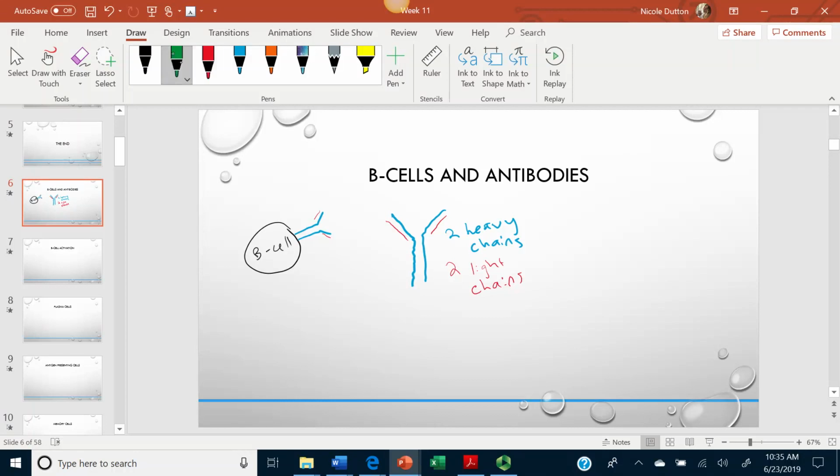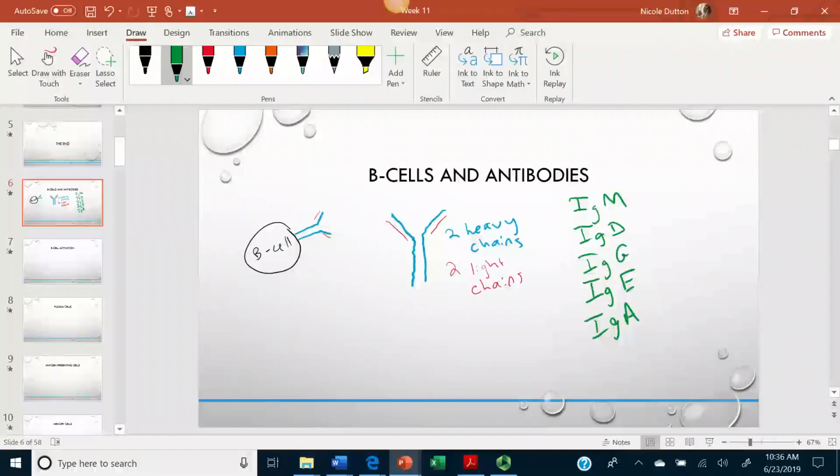There are 5 different classes of antibody, and you need to know their functions. IgM, IgD, IgG, IgE, and IgA. IgM is physically the largest. It's on the surface of the B cell membrane, and it is your initial responder.